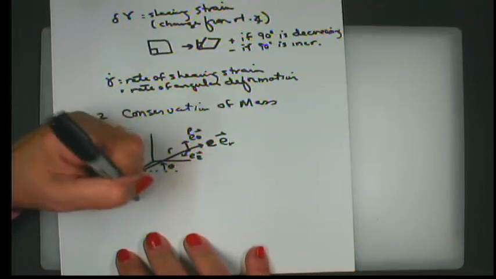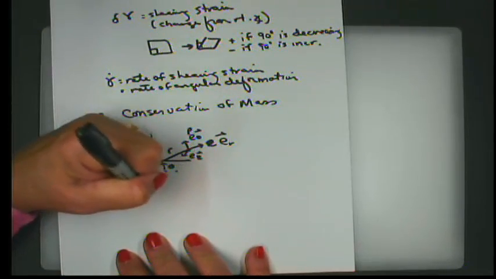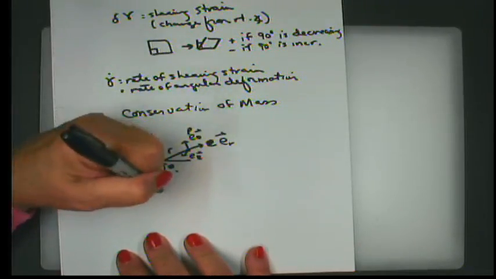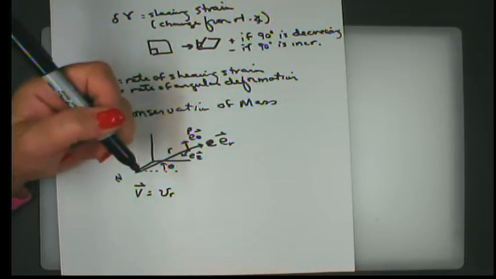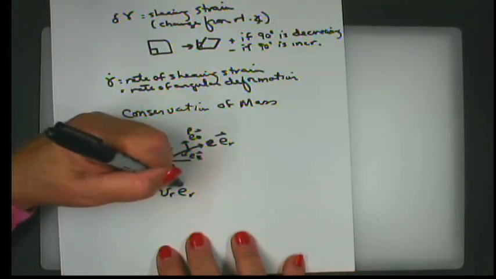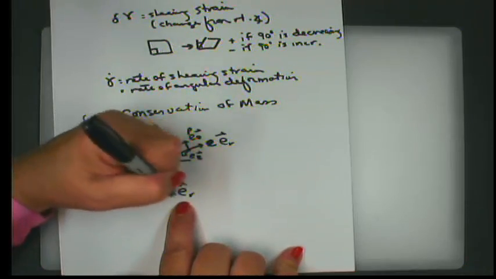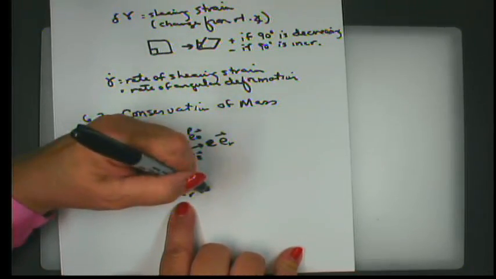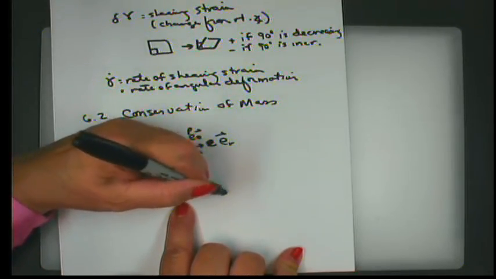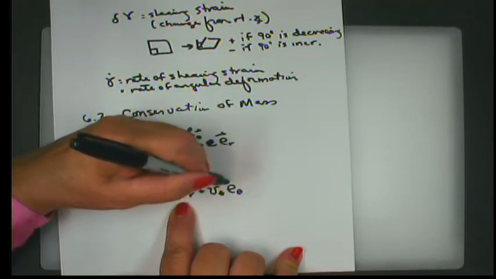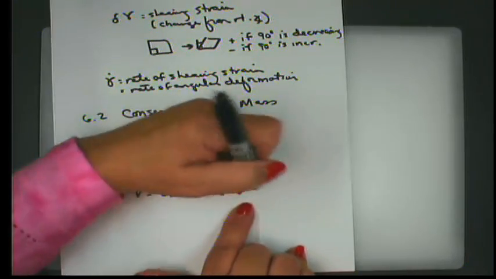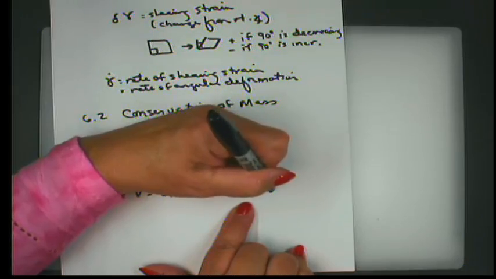But basically, we can say then, same expression, that the velocity expressed in polar coordinates is going to be the component velocity in the radial direction times the unit vector in that direction. And similarly for the theta direction and the z direction.